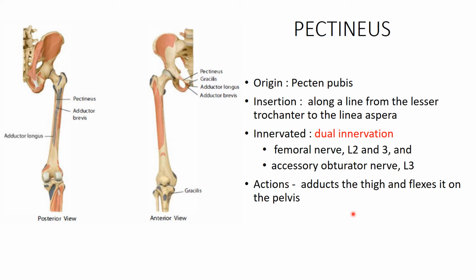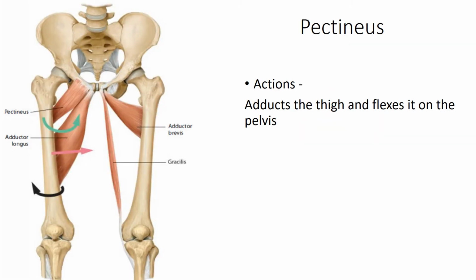The action is that it adducts the thigh and flexes it on the pelvis. It crosses the hip joint, so it causes flexion also, and we can appreciate it in the floor of the femoral triangle. So this is the muscle that causes adduction as well as flexion.